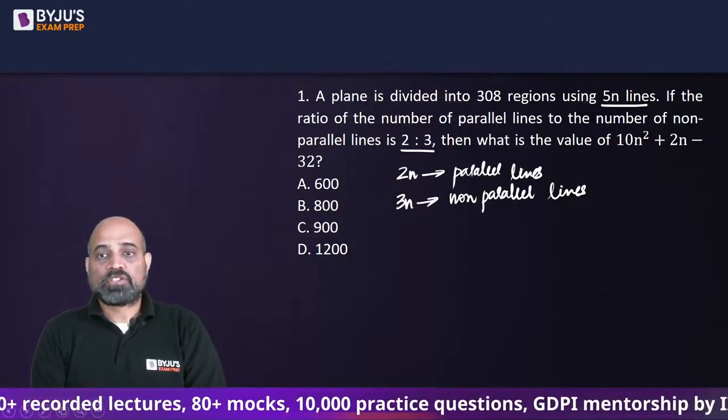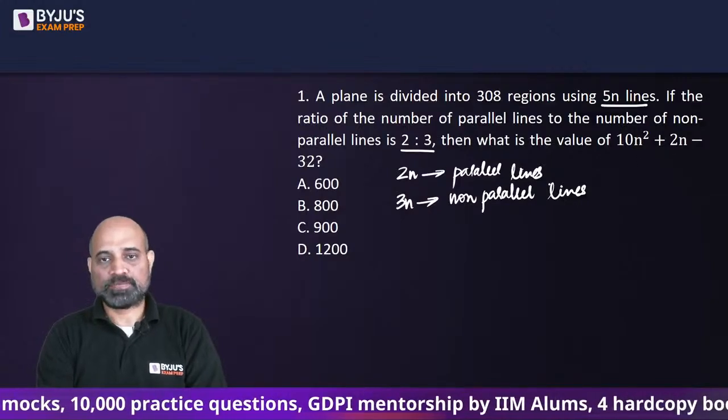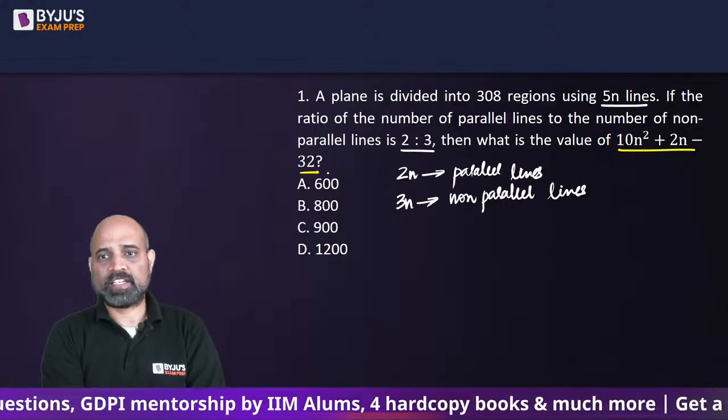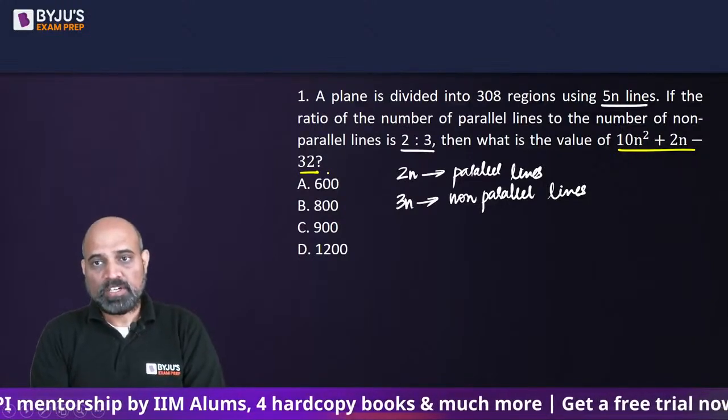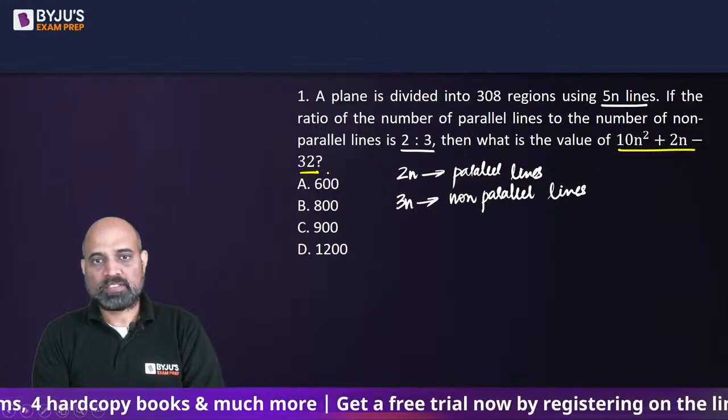Okay, so we need to find out the value of this expression. So let's do one thing. Let's convert this quadratic into factorized form if it is possible. So we have got 10n square plus 2n minus 32.